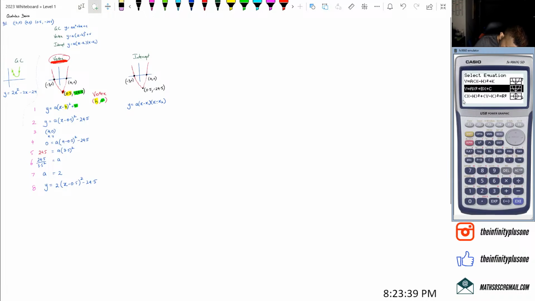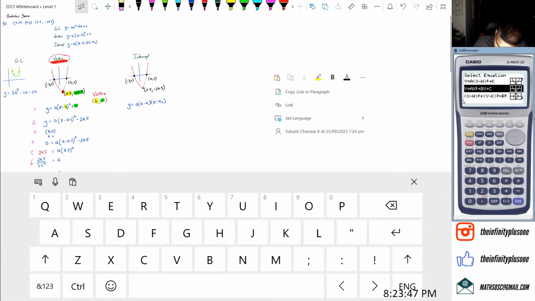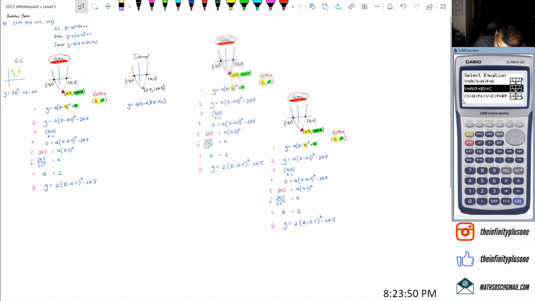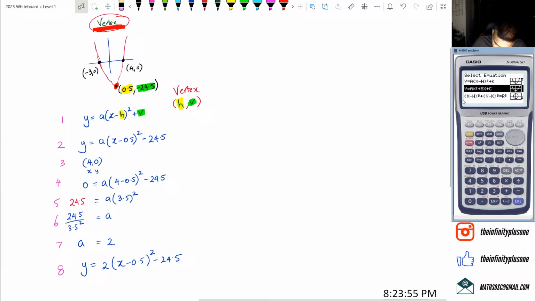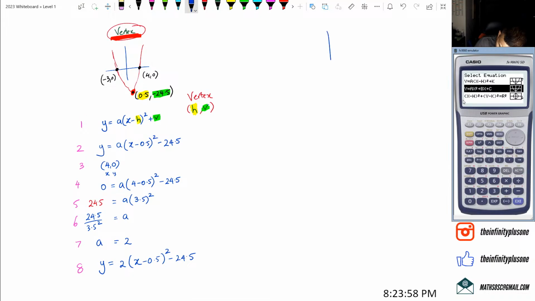I just want to make sure that we have the working here for you guys. And I'll give you guys another question to do. Give me 1 second. I just want to pull up a good graph here. y is equal to a(x minus h) plus v.